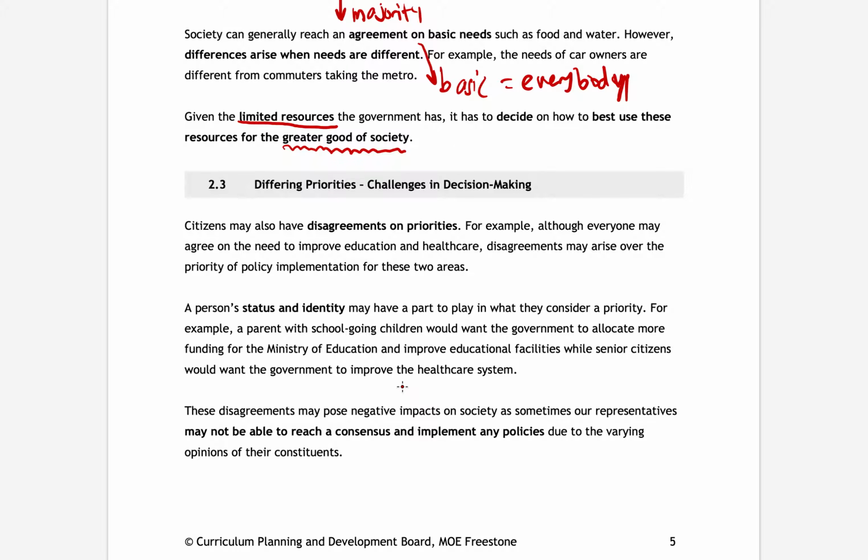So these disagreements obviously do cause some sort of tension, some sort of negative impact on our society. Even in some cases, our representatives in parliament may not be able to reach a consensus and thus cannot implement any policies.